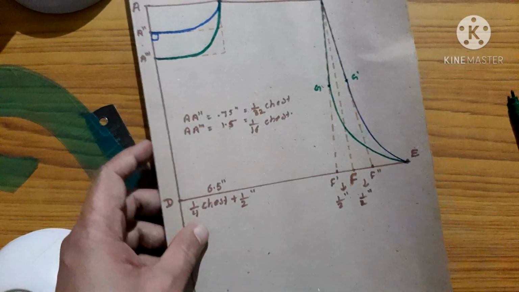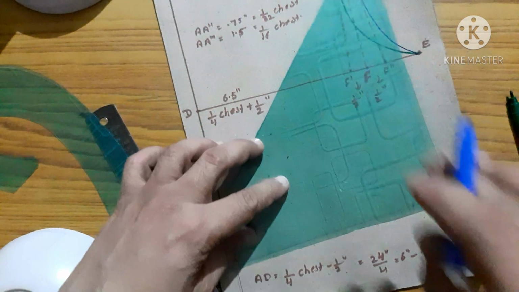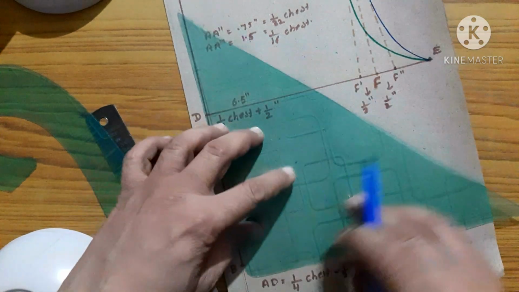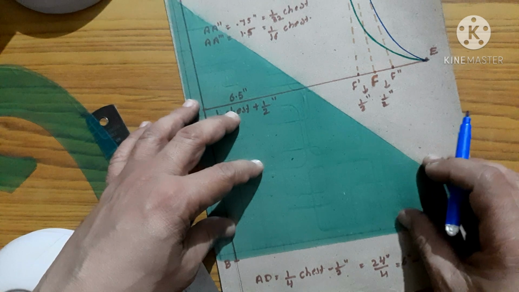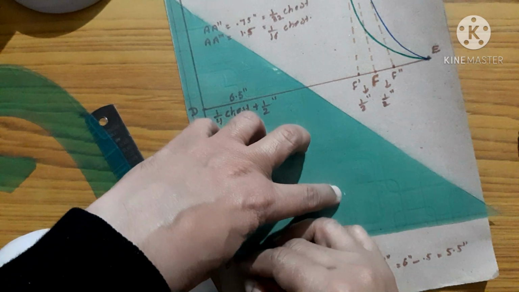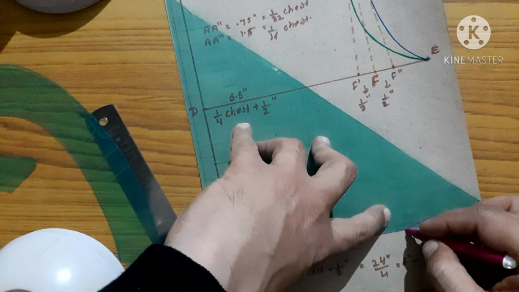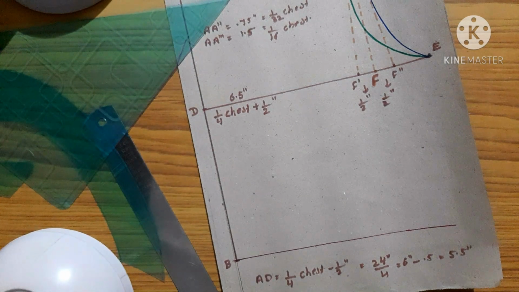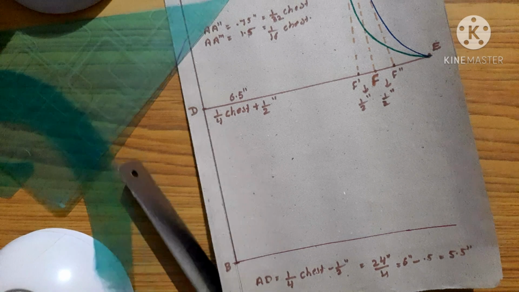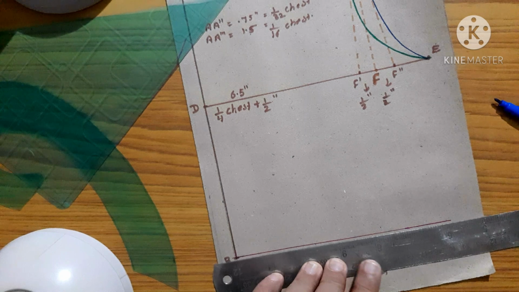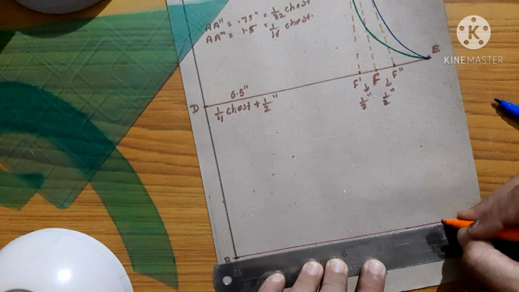Now for the waist, we'll square out a line at the point B, and this time we will be marking a point H. GH is equal to 6 inches.